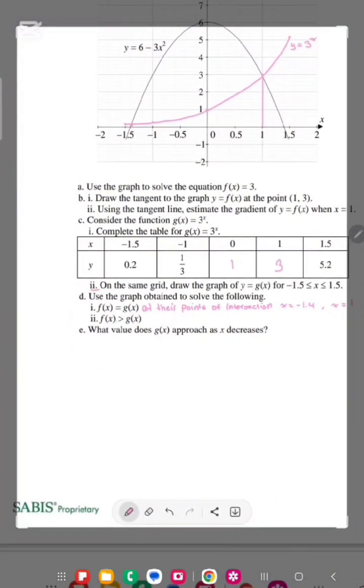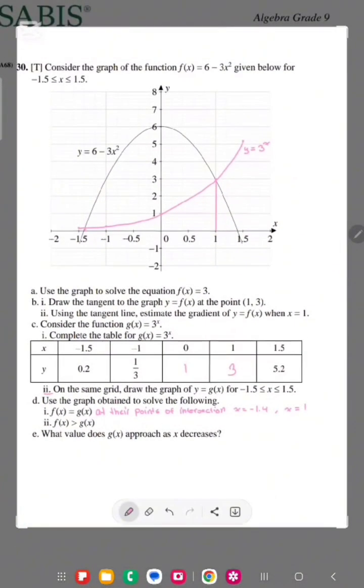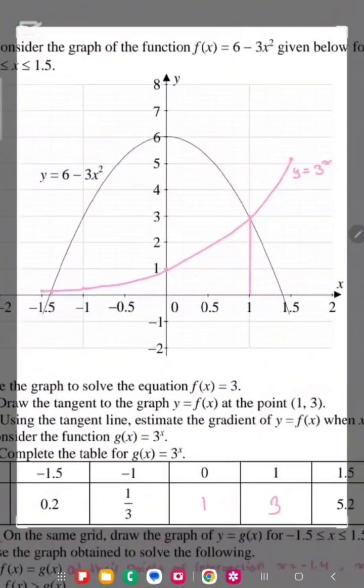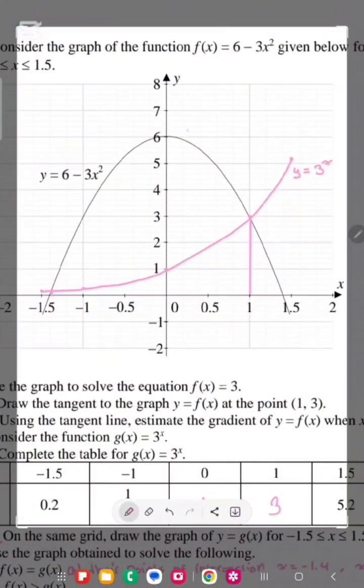Now they want when f of x, which is the one that they already graphed, is greater than g of x. So when is f of x, the black line, above the pink line? So greater than. From this point that we already drew, which is negative 1.4, all the way from here, all the way till here, till 1.